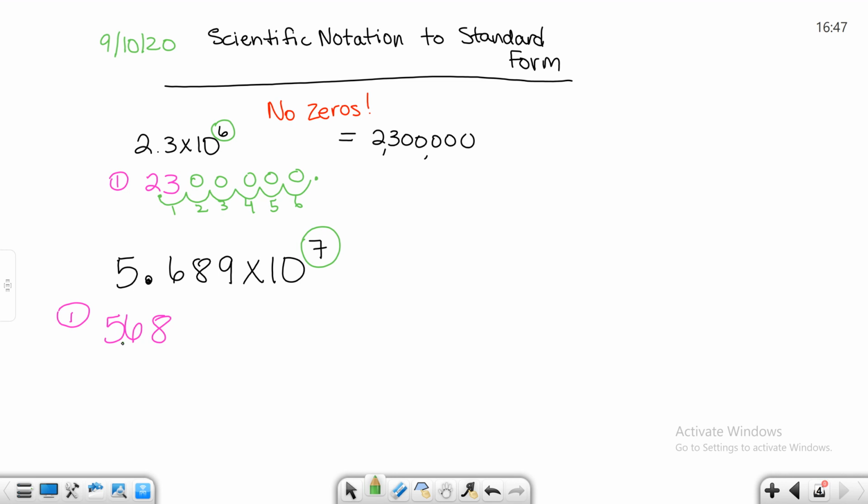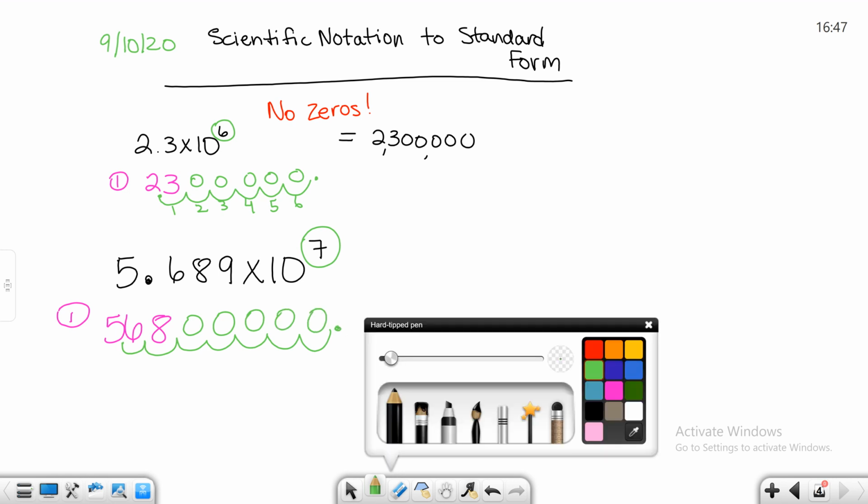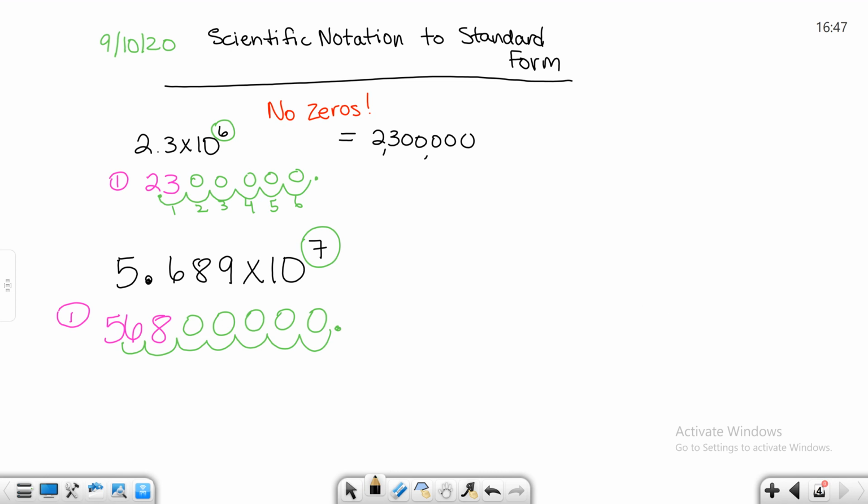So keeping in mind where my decimal was at, I'm going to count 1, 2, 3, 4, 5, 6, 7. And I'm going to put that decimal here at the end. That means that 5.689 times 10 to the power of 7 is equal to 56,890,000.